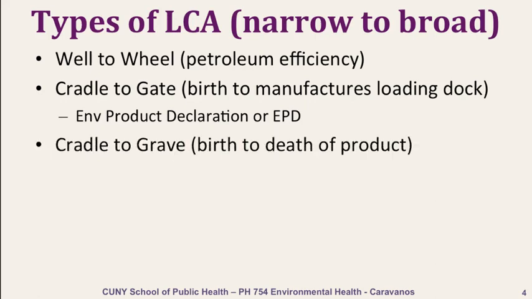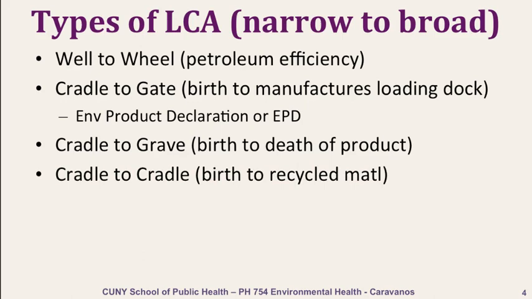A more complicated one would be cradle to grave, from the birth of a material to the death of a product. Using our same example, it would be mining the aluminum, making the can, making the soda, getting rid of the soda can. That would be cradle to grave. Again, more complicated.